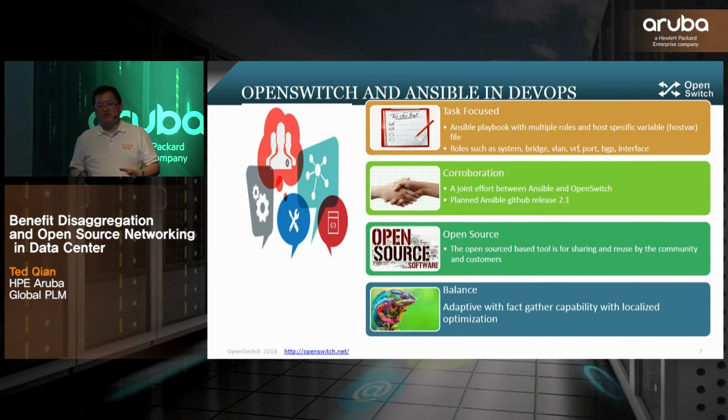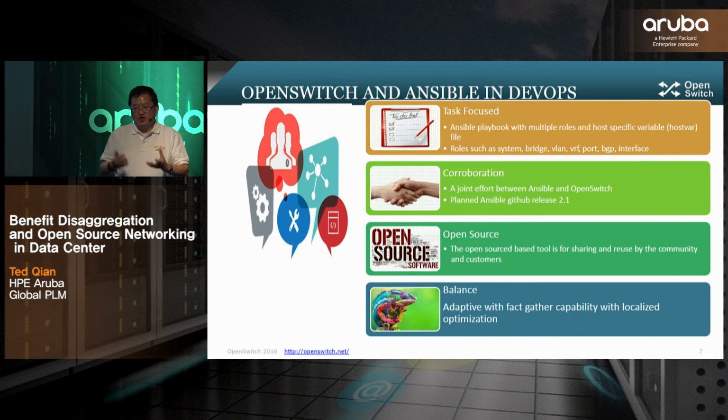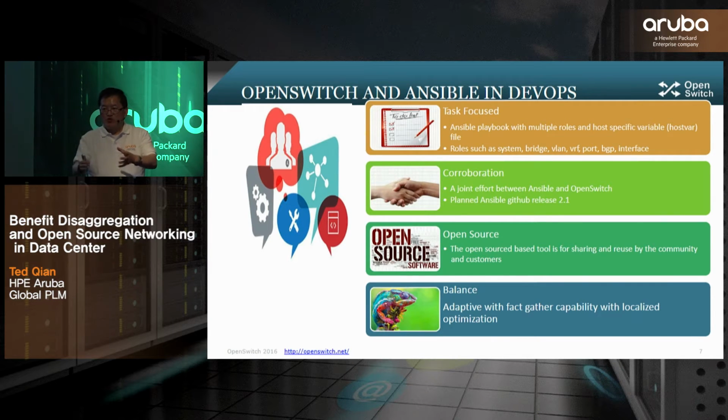And OpenSwitch is another open source tool here. So the OpenSwitch community worked together with Ansible, okay? What they came up with is the product called Playbook for Switch. So now you can use this template, okay, for BGP and a switch playbook, a role, okay?